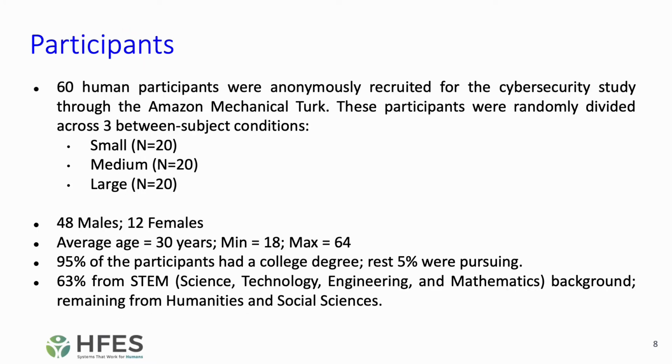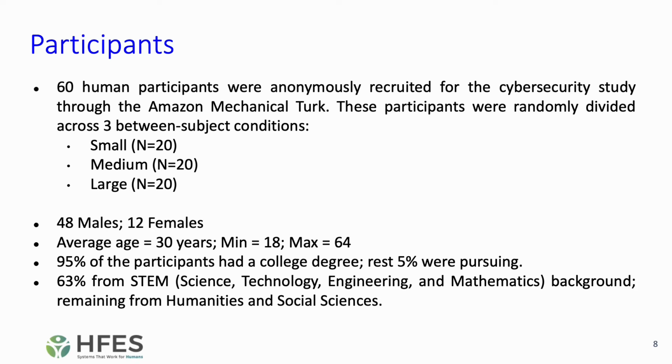For the experiment, we recruited 60 human participants from Amazon Mechanical Turk, a crowdsourcing website. For each of the three experiments, we had 20 participants. Out of the 60 participants, 48 were male and 12 were female.